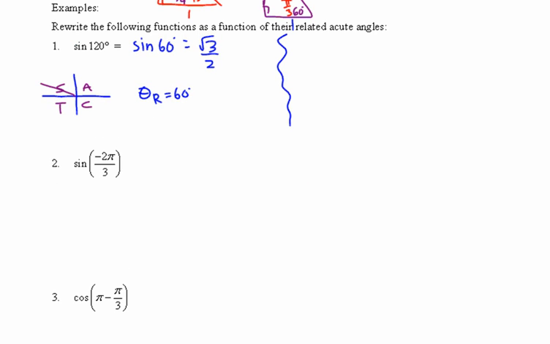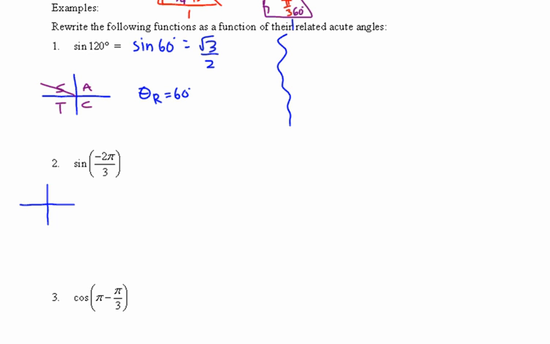So sine of negative 2 pi over 3. Guys, when we have a negative angle, what do we want to do with it? Go to the positive. Figure out what it is as a positive.